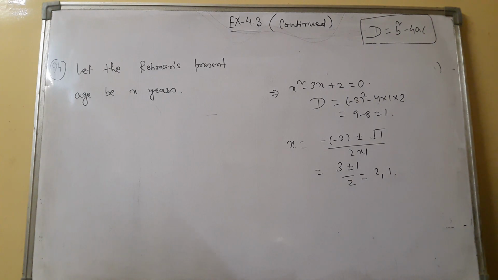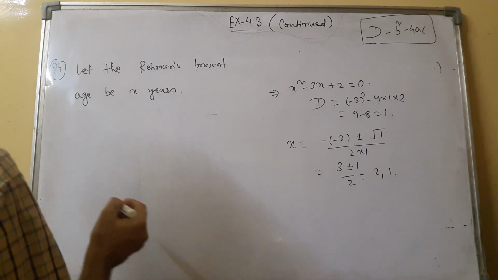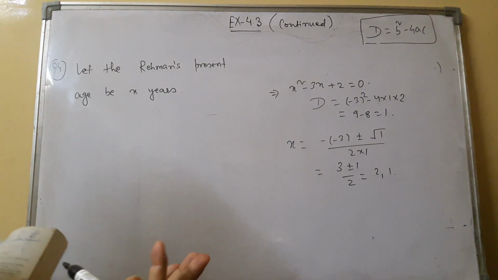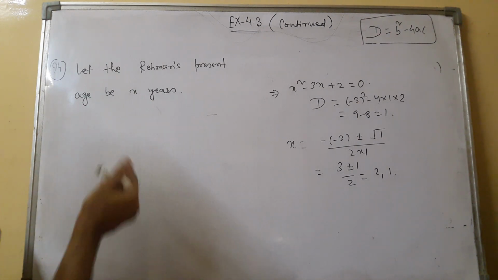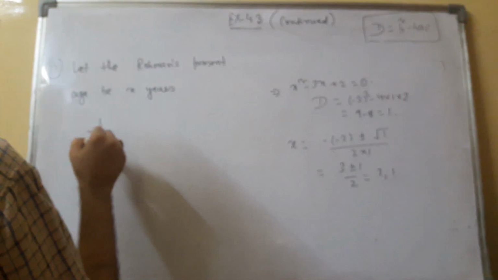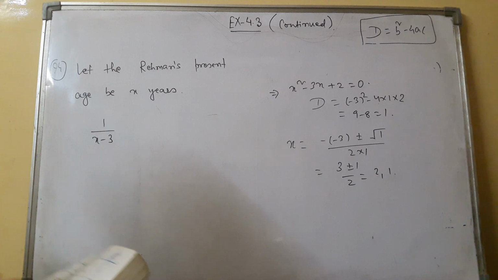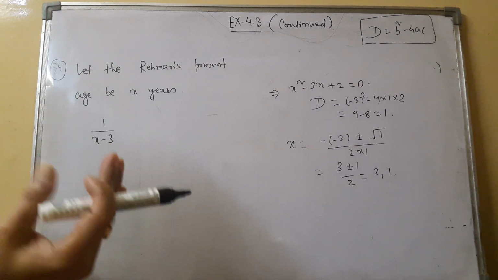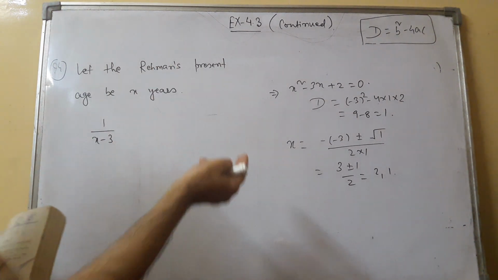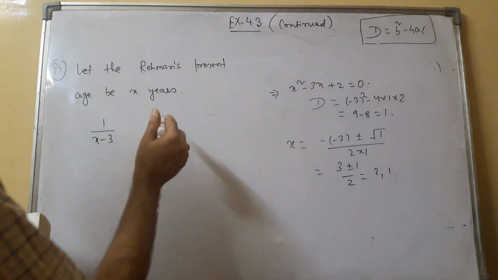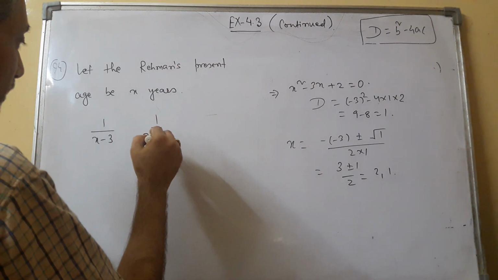Now it says 3 years ago, so what will it be 3 years earlier? x minus 3. And what is the reciprocal of that? 1 upon x minus 3. And it says 5 years from now. What will 5 be with x? It will be added. And the reciprocal of that is 1 upon x plus 5.